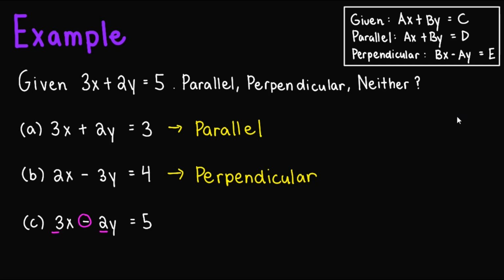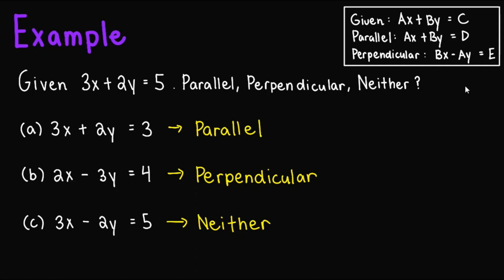The answer is it's neither of the two, since it can't be parallel. Since in parallel, the coefficients remain the same with no sign change. For perpendicular, there is a sign change, but the coefficients must switch places. Therefore, the answer for letter C is neither of the two.